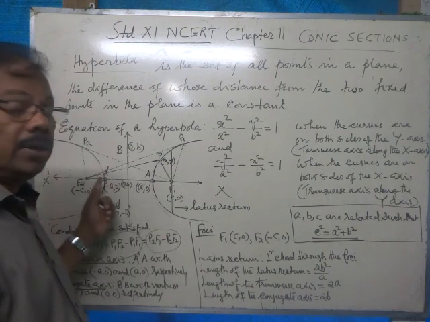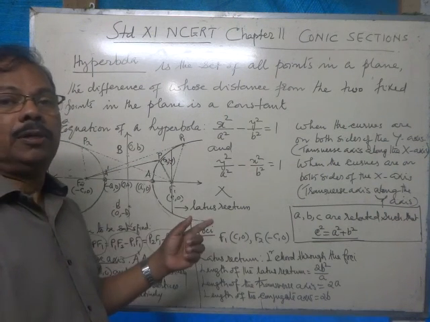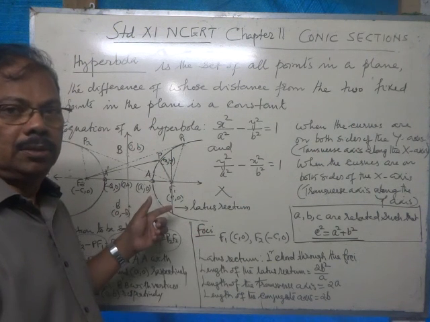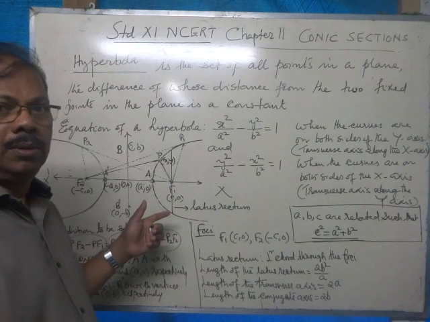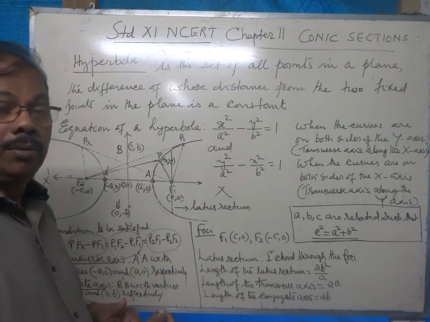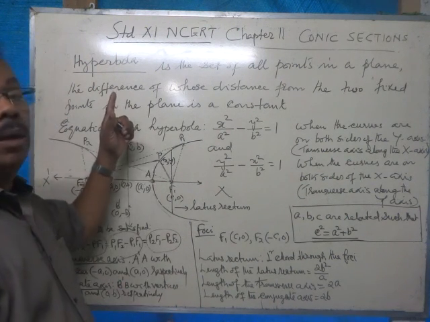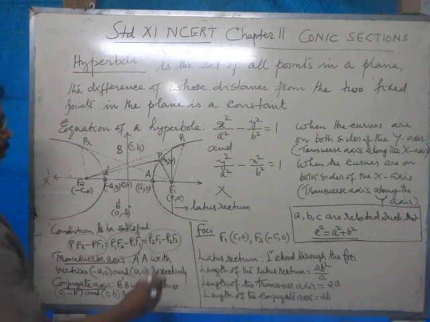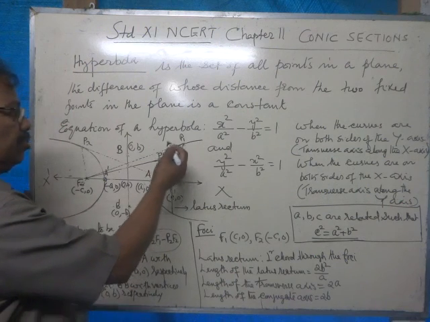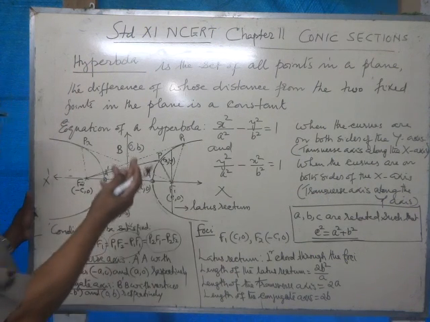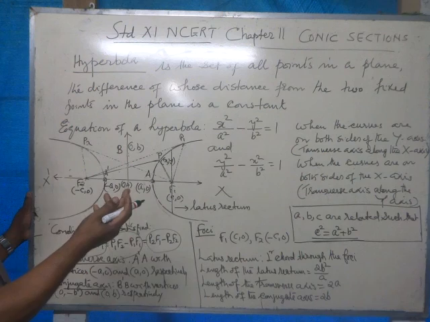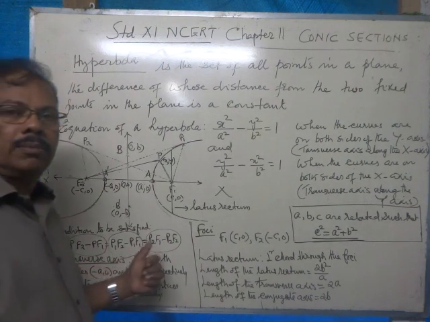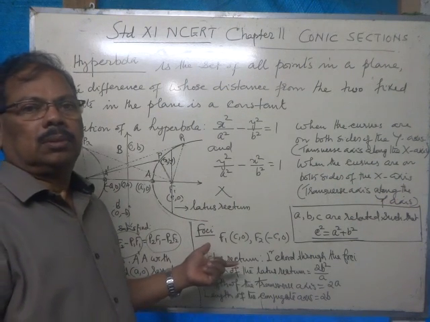And if you consider all such positions of P, that path gives a curve, namely hyperbola. You can take positions P1, P2, P3, P4, etc., a number of positions satisfying this condition. In that case, that curve is called hyperbola.